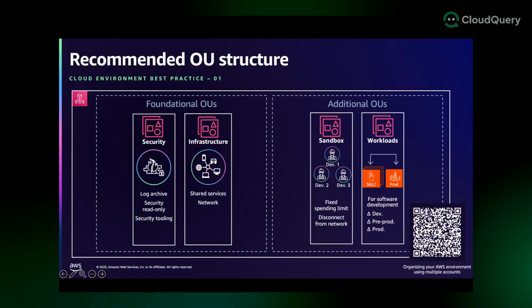It's rather just an example, but foundational OUs represent, for example, a security OU, where we want to isolate specific accounts. We want to isolate specific users, people in our company that have access to log archives. And we want specific people in our organization to have read-only access, to be able to prevent or adjust different resources depending on the security implications they may have.